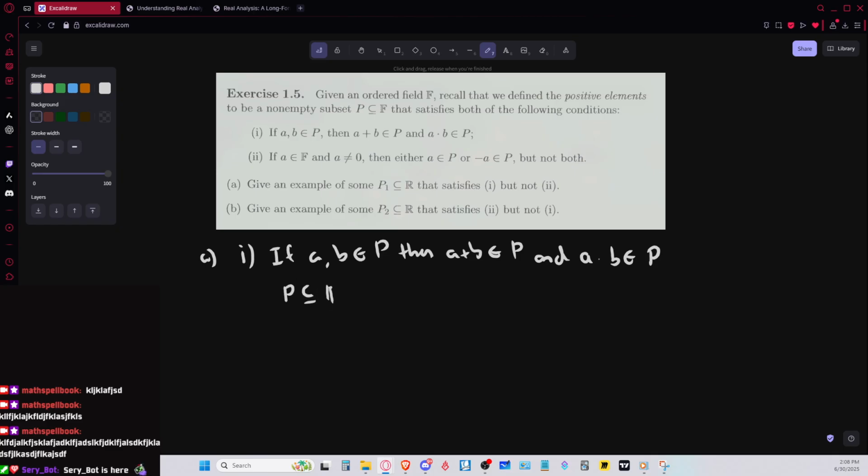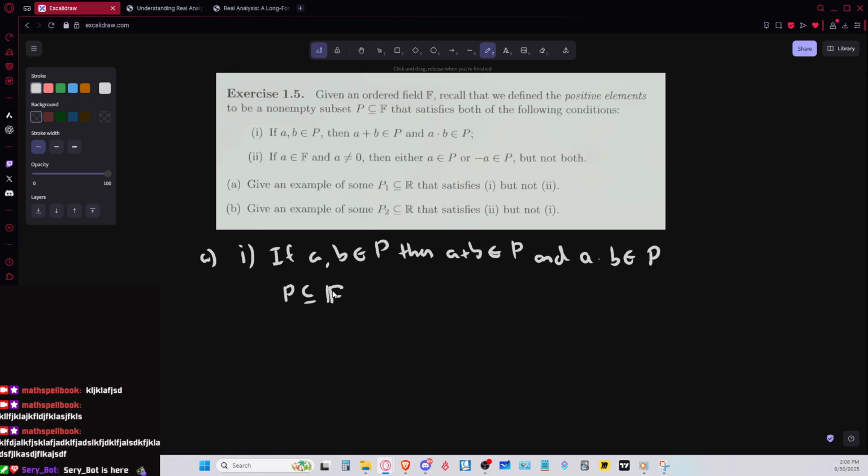P is a subset of the field. A and B are elements of P, which means they're the positives.